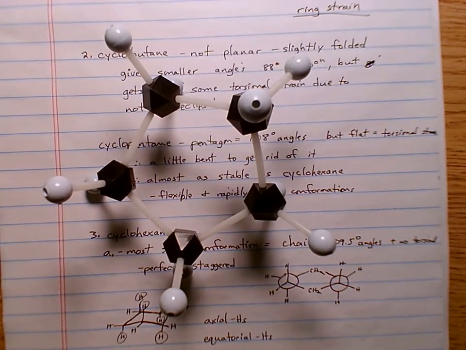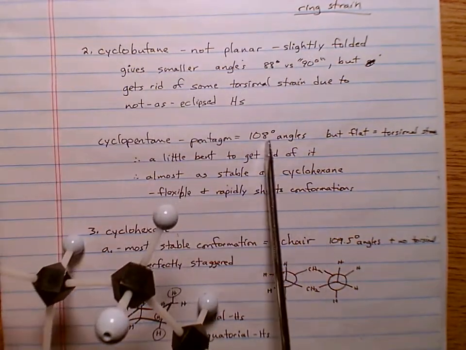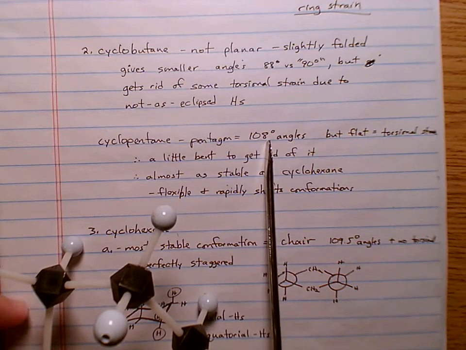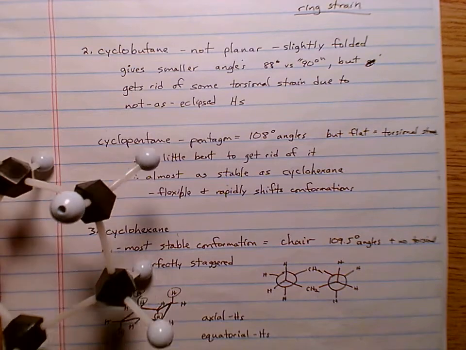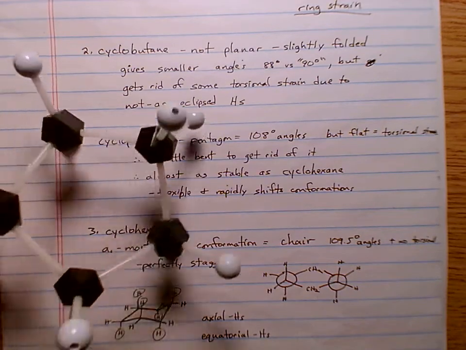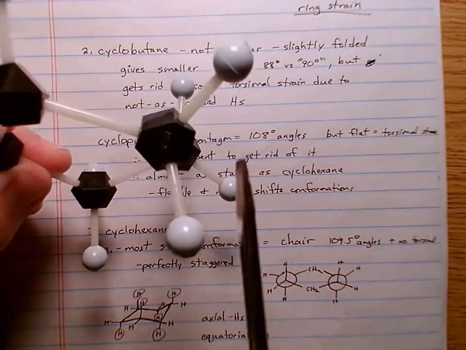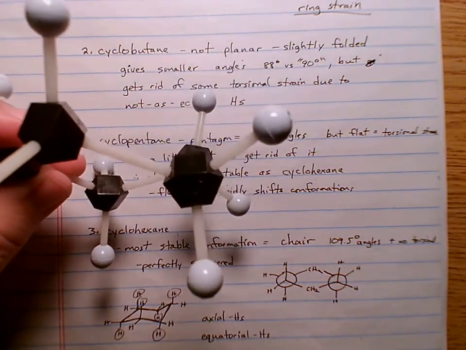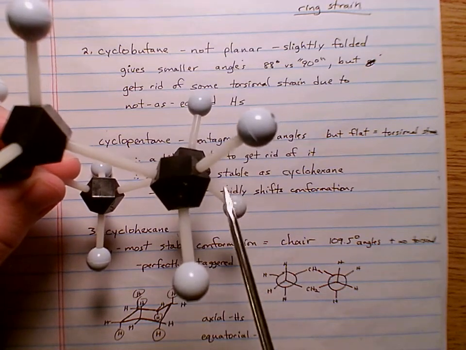So what that does is two things. One, it alleviates some of the angle strain such that we're at 108 degree angles instead of 109.5, and so that's pretty good. But note, look what happens here. When I look at these two carbons, the dihedral angle, look at that. We've got this one here, and it's in between the two down here.